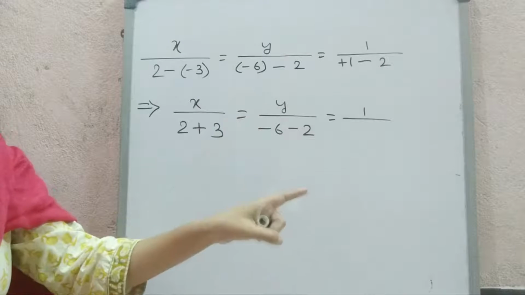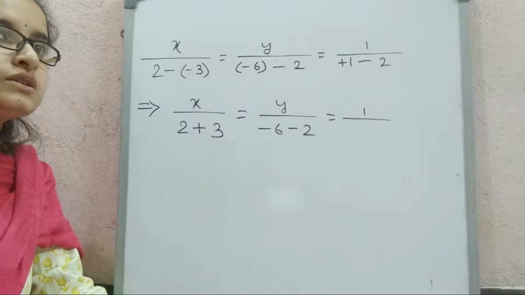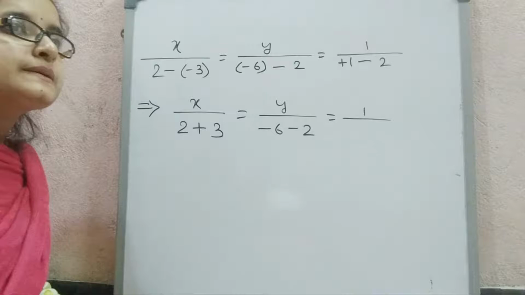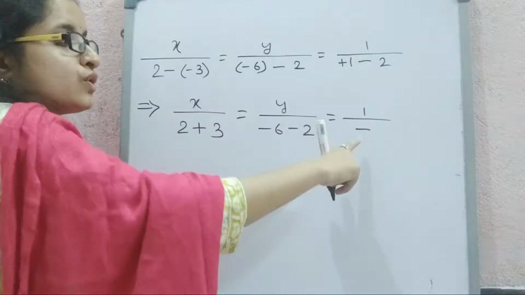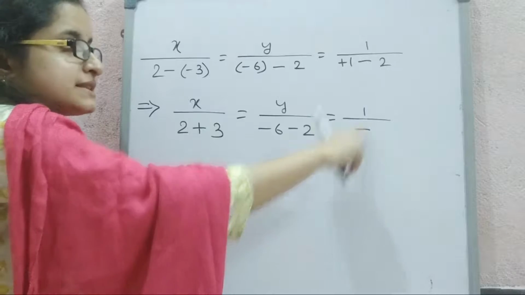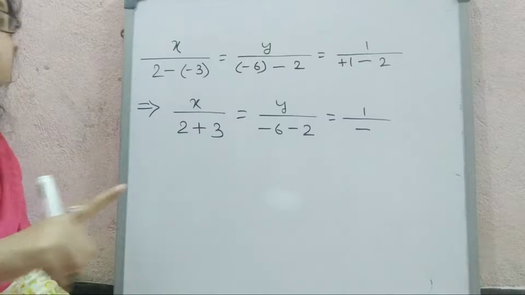We have to subtract and the sign will be of the greater number. What will be the sign? Minus, because 2 is the greater number. 2 minus 1 is 1.